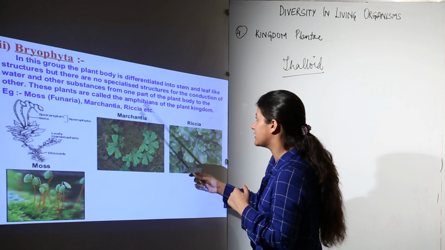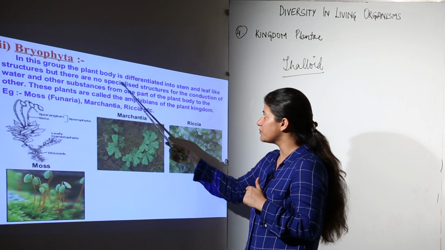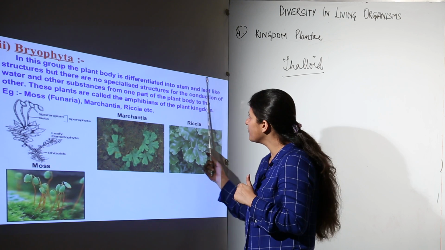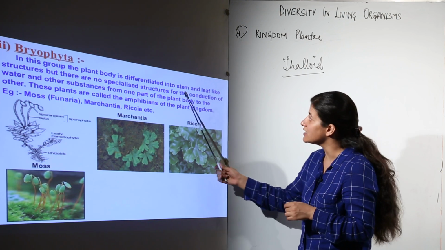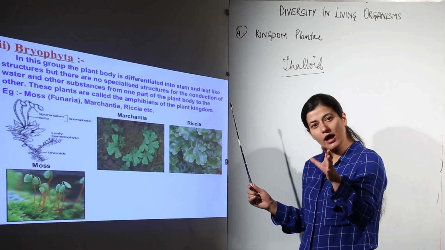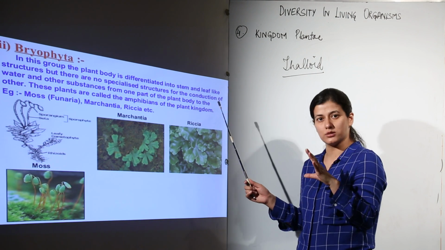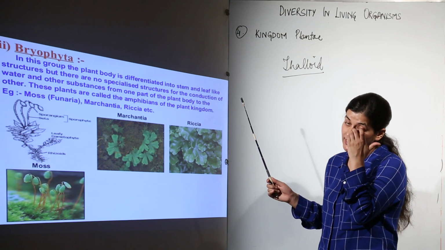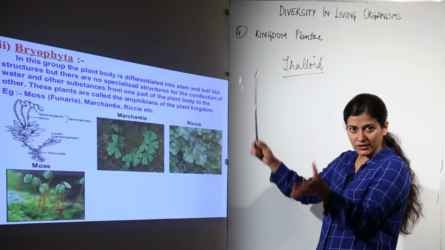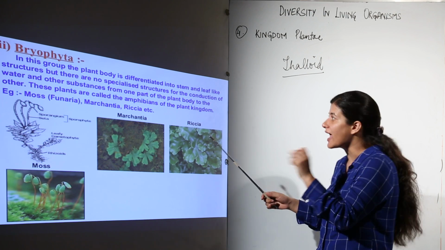Now, let us see their characteristics. In this group, the plant body is differentiated into stem and leaf-like structures, not leaf. Please pay attention, it is stem and leaf-like. Somehow the body is thalloid over here also. They are stem and leaf-like, but not particularly stem and leaf. We cannot say them to be organs. So, both Thallophyta and Bryophyta are thalloid.